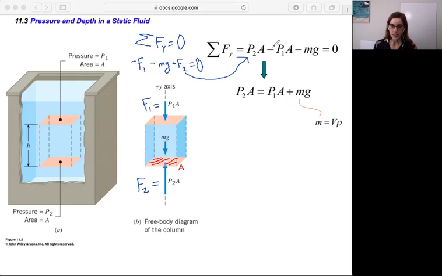We're going to put the negative forces, the ones that are down, we're going to add them to the other side. So if I add P1A to both sides and add mg to both sides, that'll cancel it out from the left and we'll add it to the right. So that we get pressure at point 2 times that area is equal to pressure at point 1 times the area, plus mass times gravity.